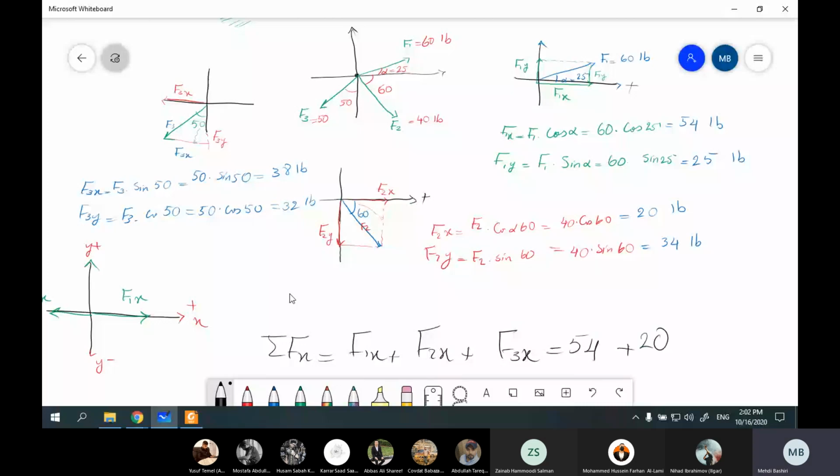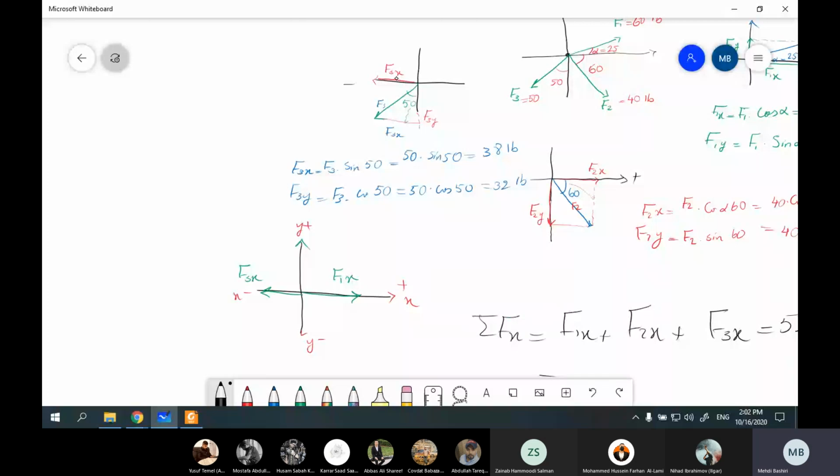The last one, F3x. Can you see it? It's in the negative direction, or negative x. So I should use a negative sign here.